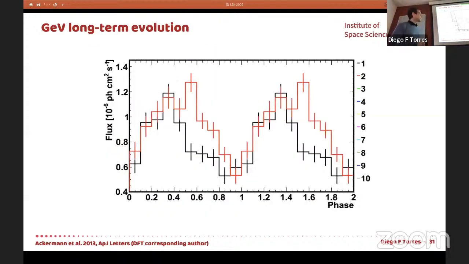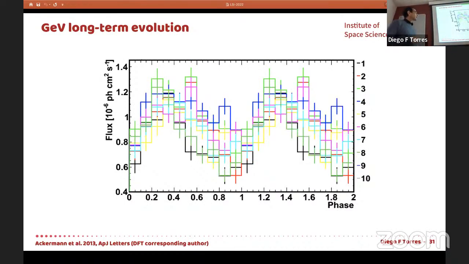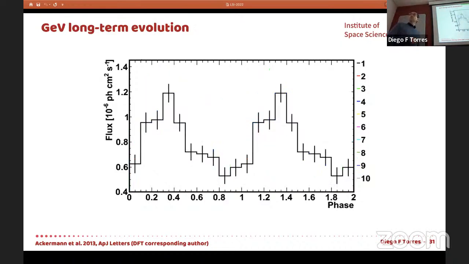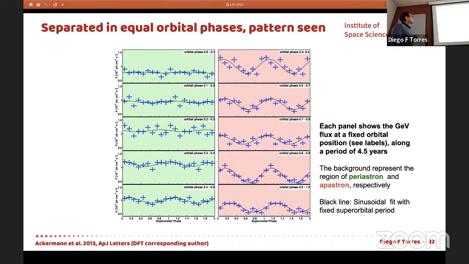And this is better seen when you put all of these panels one on top of the other. You can see that there is a lot of variability, very similar to what we found before in X-rays. Now if you take this same data, but order it in equal orbital phases, so you put together the orbital phase from 0 to 0.1, from 0.1 to 0.2, all of this region is periastron, and all of this region of the orbit is apastron.